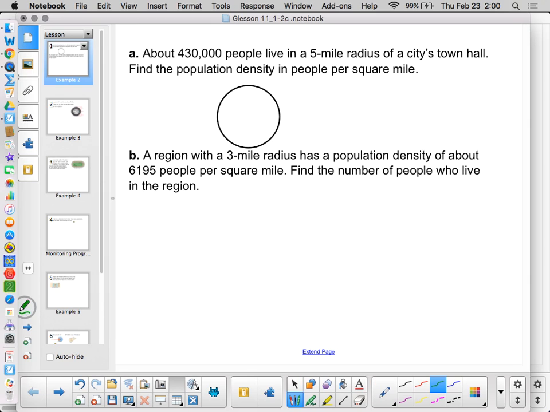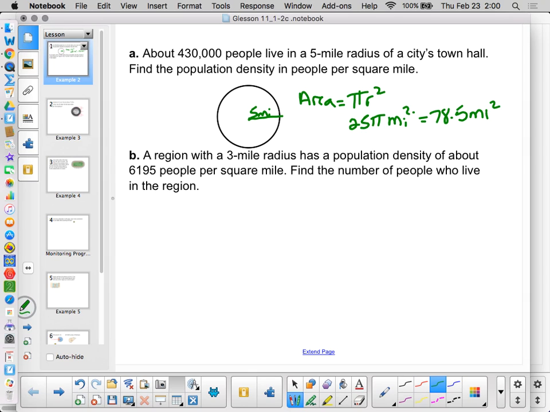The radius is 5 miles, so the area is pi r squared, or 25 pi miles squared. Now, obviously for a problem like this, even though it's a nice, beautiful number in terms of pi, we do need to decimalize that. So 25 times 3.14 is 78.5 miles squared.